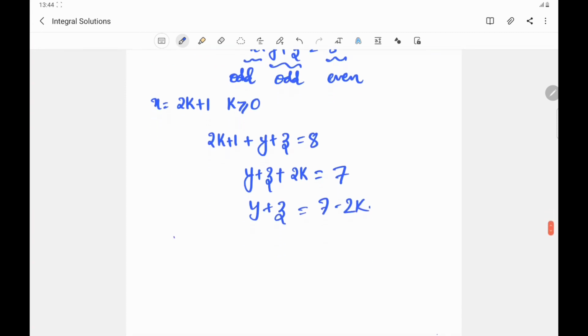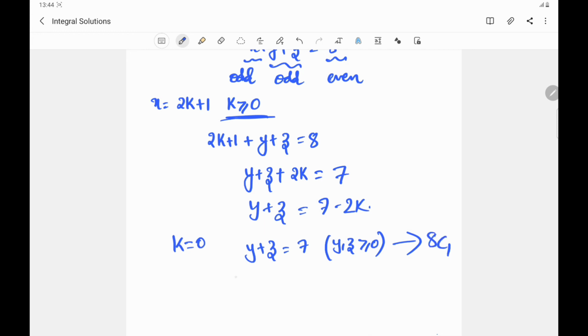So k, since it is greater than or equal to 0, let me take 0, then y plus z is equal to 7. Since y comma z are greater than or equal to 0, the solution to this equation would be 8C1.